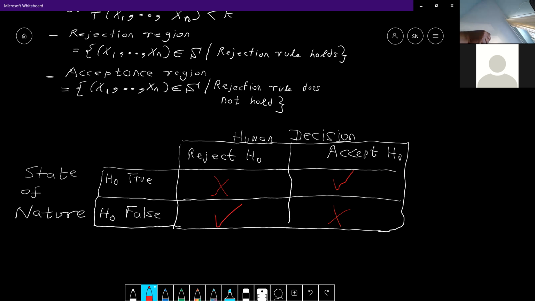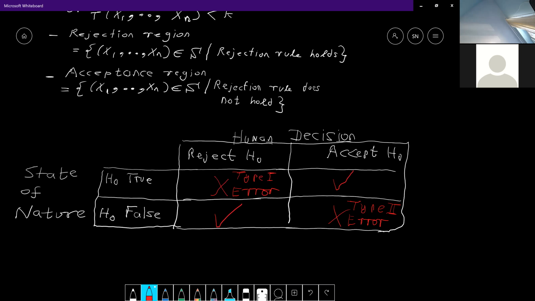The outcome where H0 is true and you're rejecting H0 is known as the type 1 error. And the outcome where H0 is false and you are accepting the null hypothesis is known as the type 2 error.